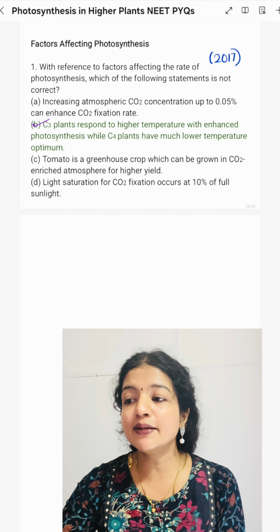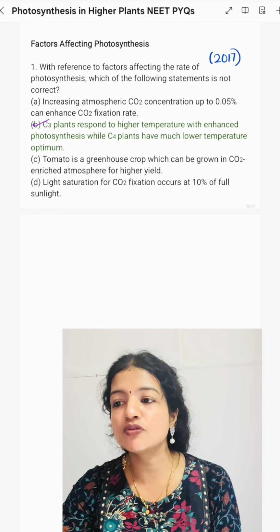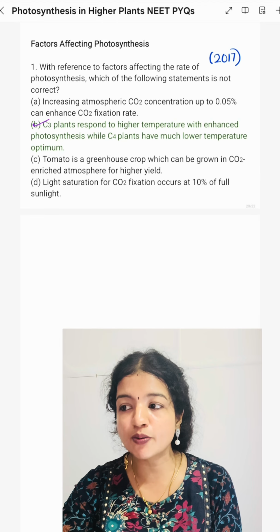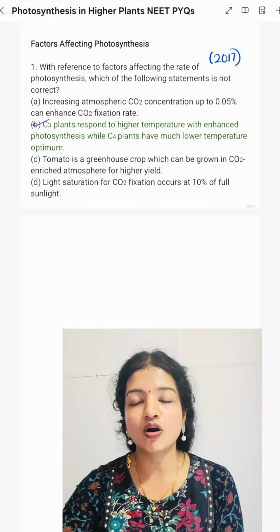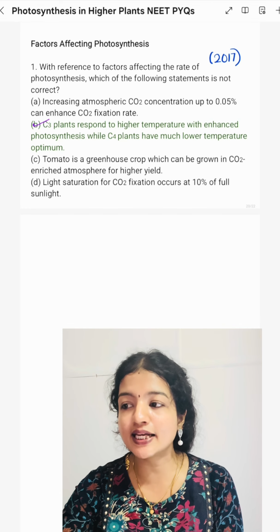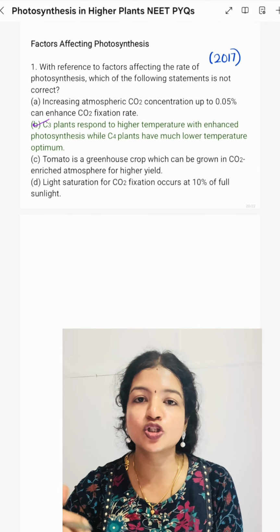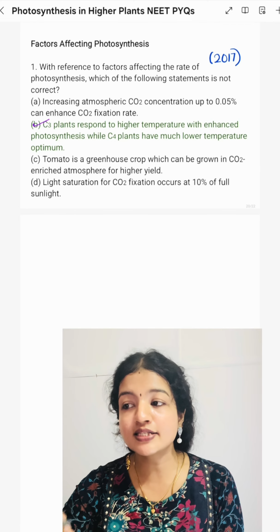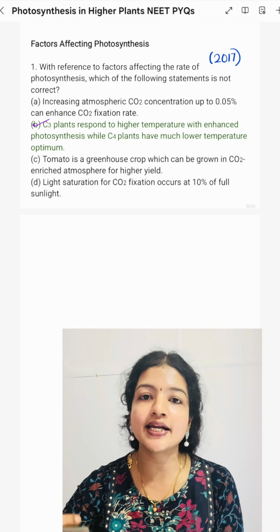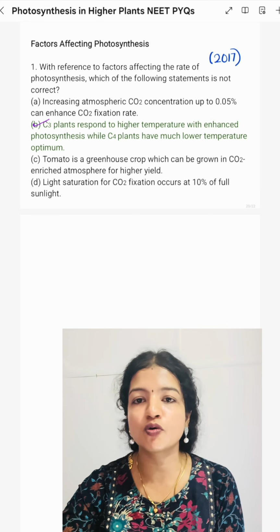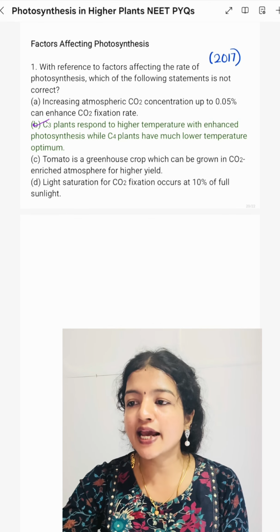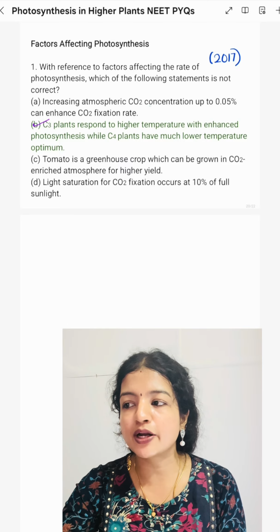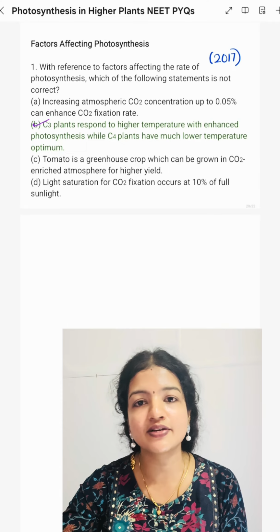Because they have given that C3 plants respond to high temperature with enhanced photosynthesis, while C4 plants have much lower temperature optimum. This is wrong. They have swapped it. Because C3 plants have much lower temperature optimum, whereas C4 plants respond to high temperature with enhanced photosynthesis. So option B is the incorrect statement. Whereas option A, increased atmospheric carbon dioxide concentration up to 0.05% can enhance carbon dioxide fixation rate.